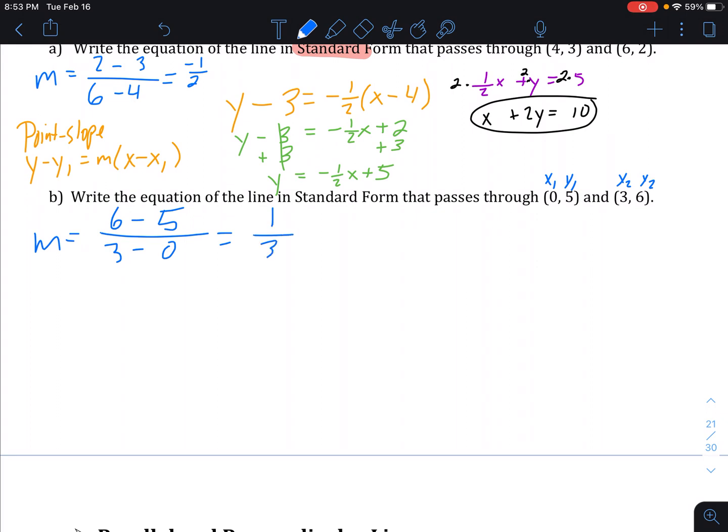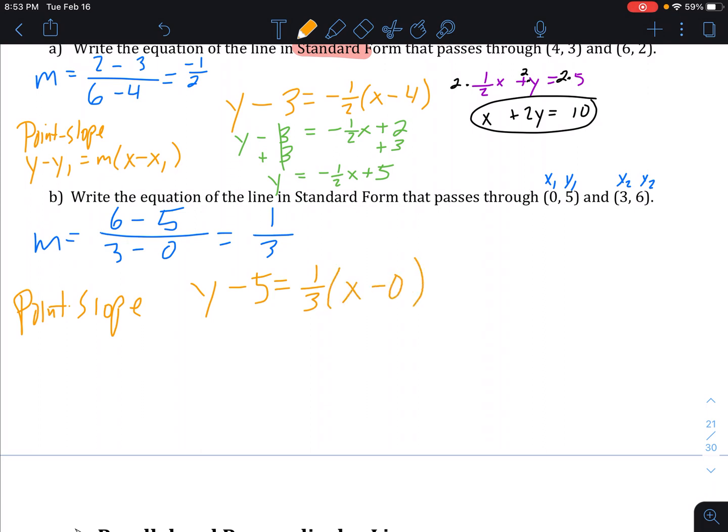So what did I do next in the last problem? I went to the point slope formula. So y minus y1 equals m parentheses x minus x1.